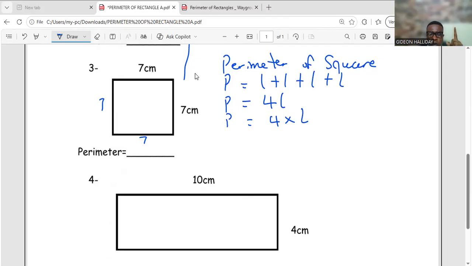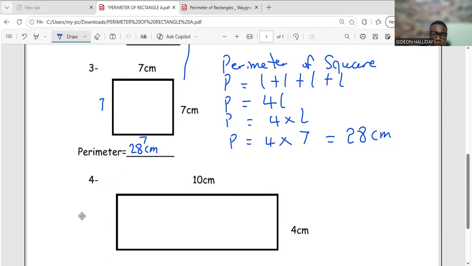You just need one. So for this one, we could say 4 times L. L is 7 here. 4 times 7. And that gives you 28 centimeters. Yeah, it's pretty easy, right?